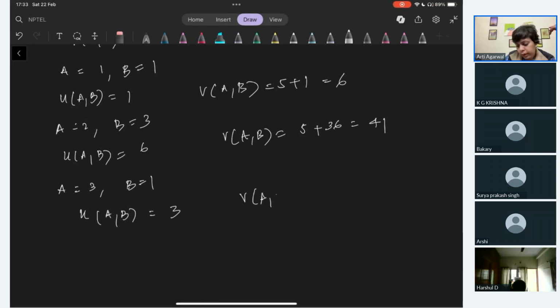So the basic idea is that they will follow the same order, right? Here you have 1, then 6, then 3. So you see 1, then 6 is greater than 1, then 3, which is lesser than 6, but greater than 1. And in the second one also, you have the same ordering: 6, then 41, then 14, which is less than 41, but greater than 6, right?